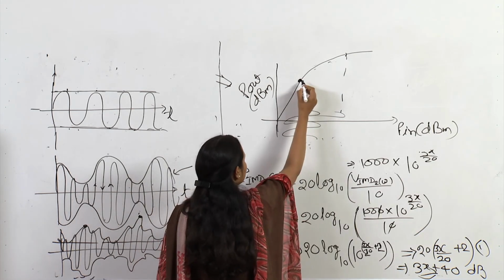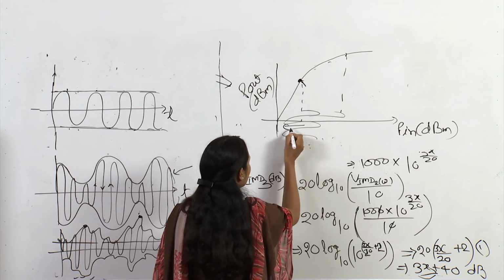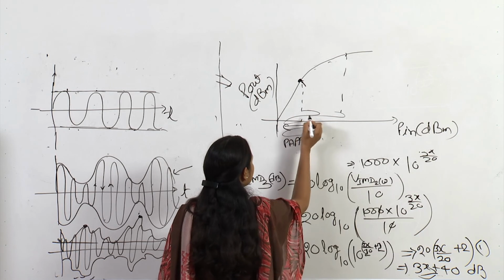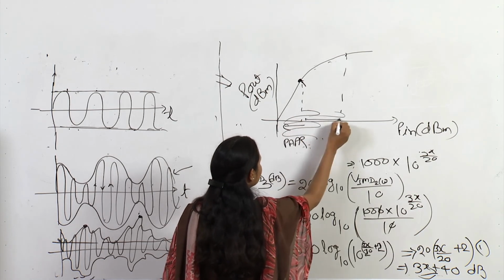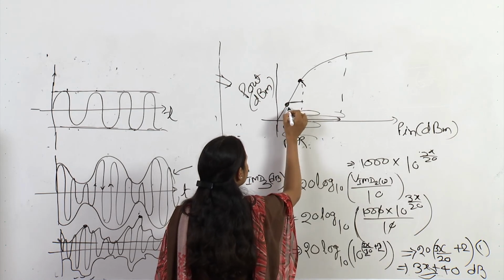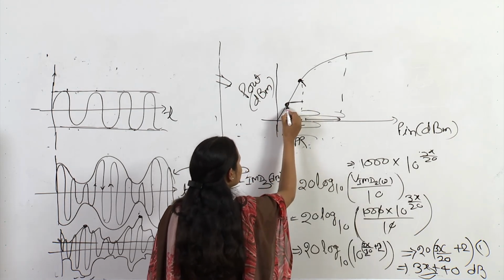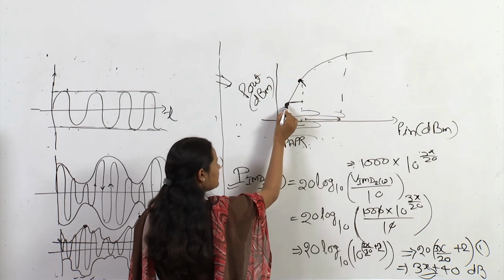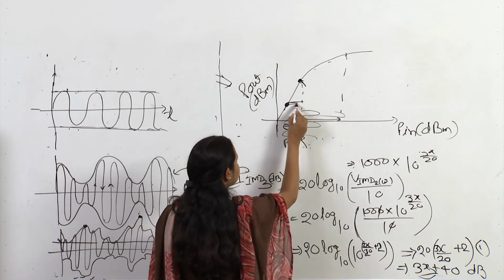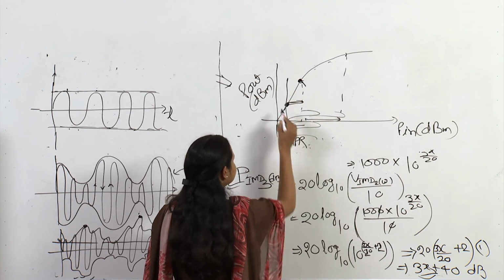So, what do I have to do? I have to back off by the PAPR of the signal. It means the peak value from the average, whatever the distance is, I drive my PA here, which is the PAPR of the signal. So, my signal average power is here, but some of the signal amplitudes reach till here.